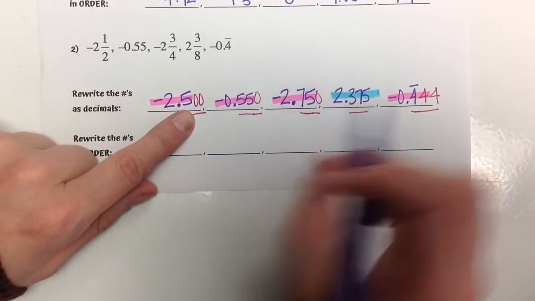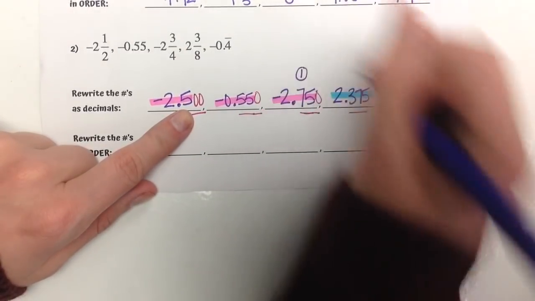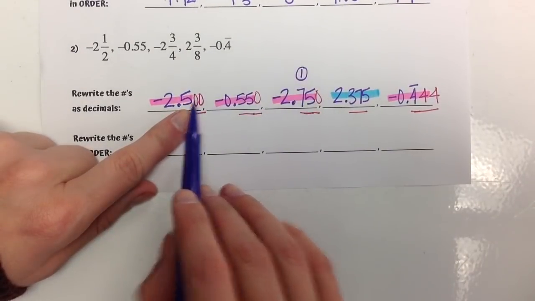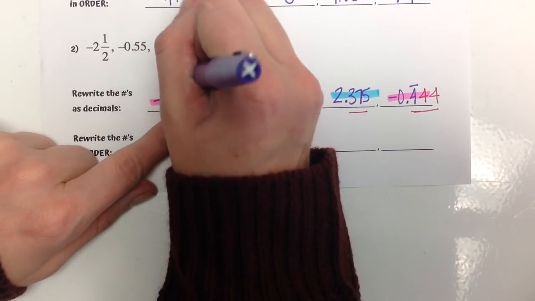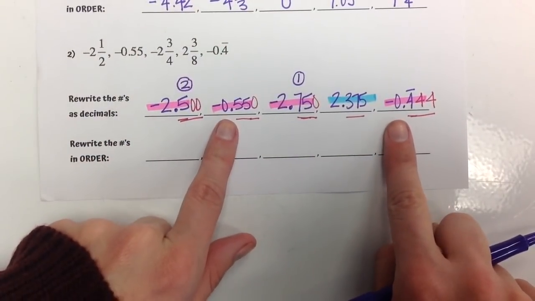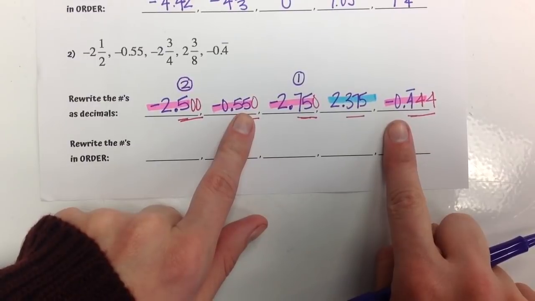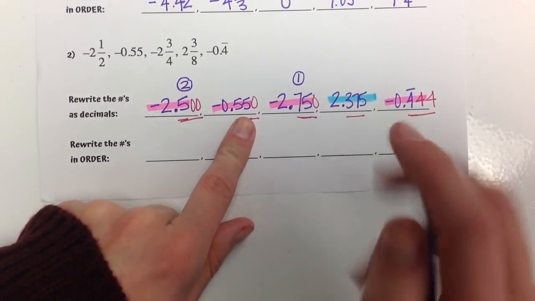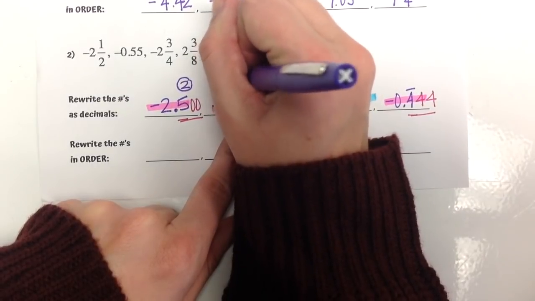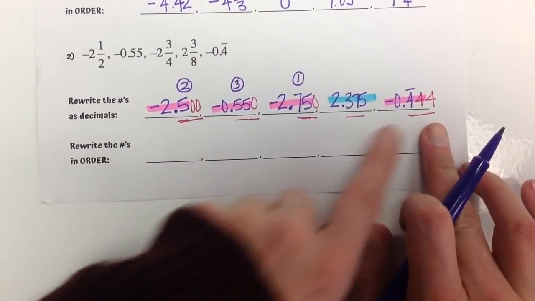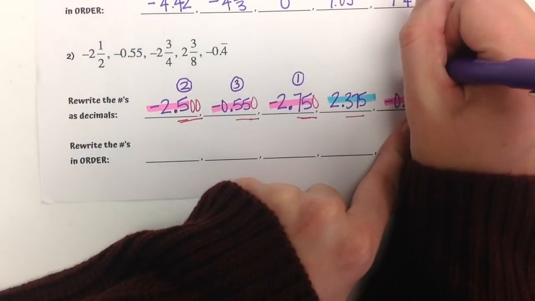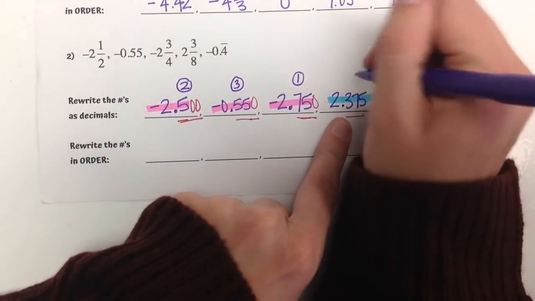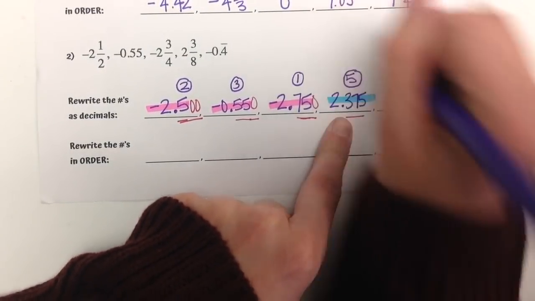So 750 is bigger than 500, so that is our smallest number, which means the next one here is going to be the 500. Now I'm comparing my two negative zeros. So we've got 550 and 444. The bigger negative is 550, which makes it our smaller number, which means the next one will be our other negative, and then our last number is our positive.